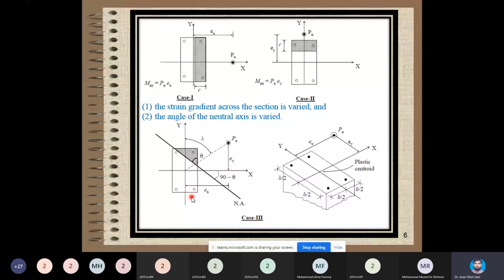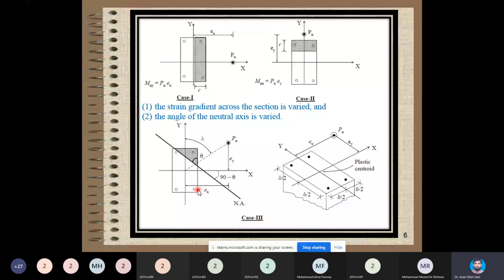Finally we will end up with more bars and uniformly placed steel on 4 edges. So we are actually handling multiple bars, and each bar will have a corresponding lever arm and strain value, and then finally we need to write the load equations and moment equations, and get the solution of that point.